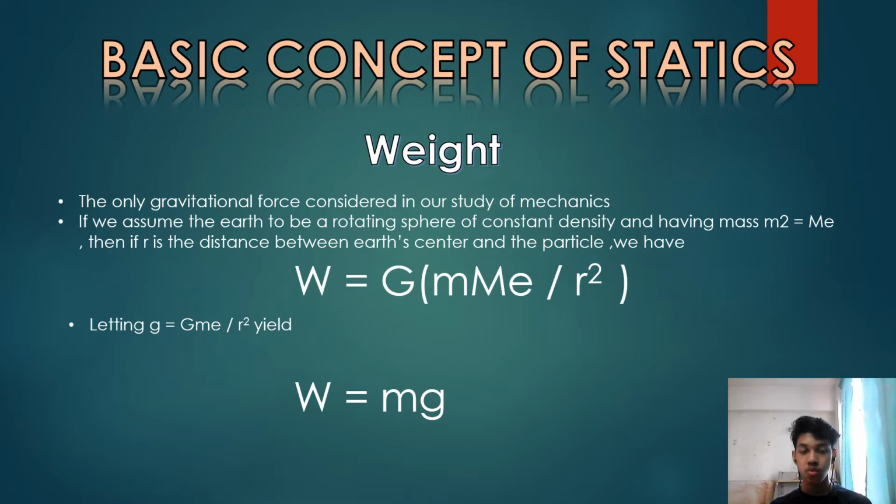Then we let g be equal to G Me over r squared. We substitute g with G Me over r squared, and then we will have a new formula, which is W is equal to m times g.